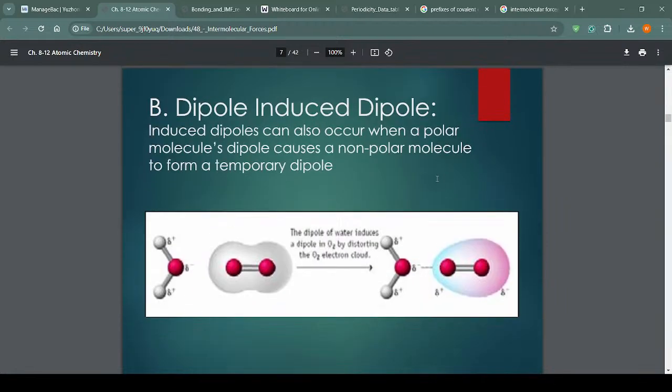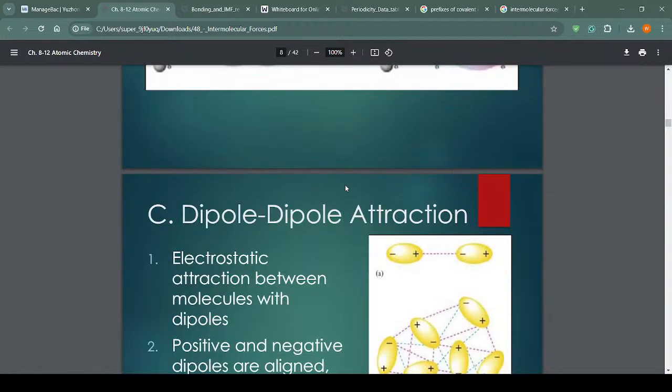So with dipole-induced dipole, you need a dipole and a non-dipole. When you dissolve stuff in water, even if the thing isn't considered a dipole, it can still have induced dipole interactions.